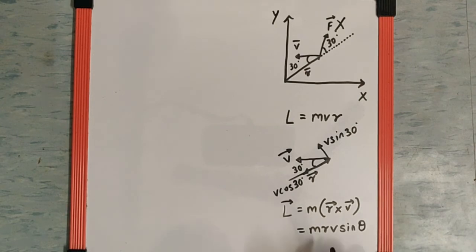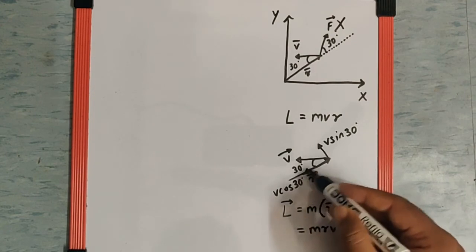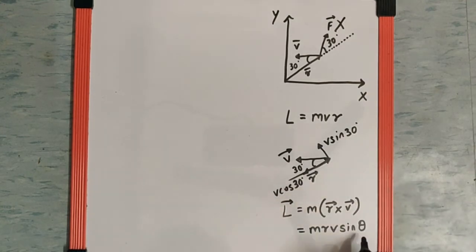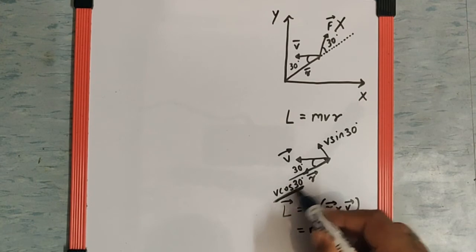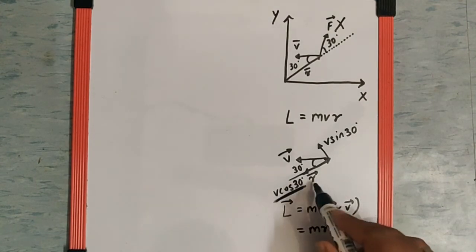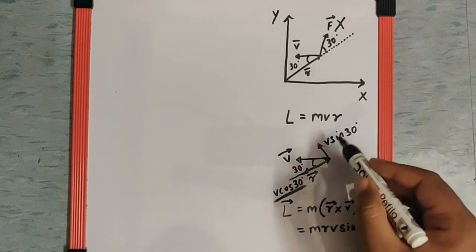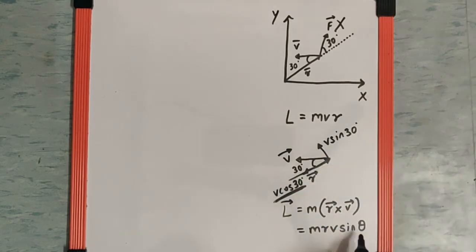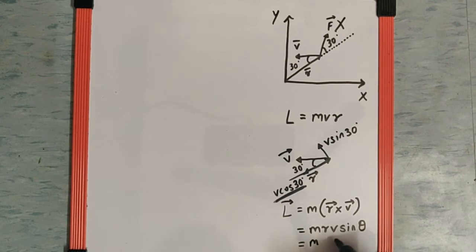So now if you concentrate on v, there are two components, v cos theta, for which the angle is 180, and that means sin 180 will be 0. So this component will have no effect on the angular momentum, and this component v sin theta is perpendicular to r bar, which means theta will be 90, and so this will become m into r into v sin 30 into sin 90.